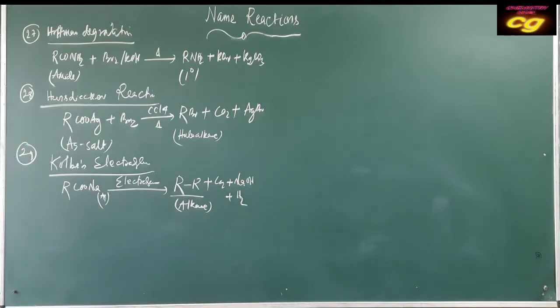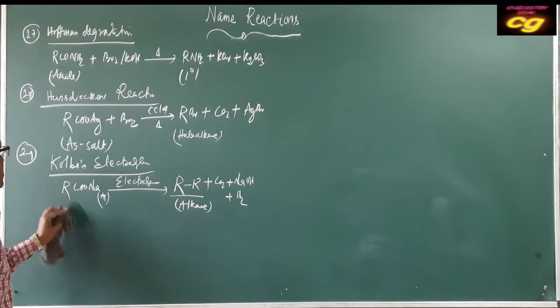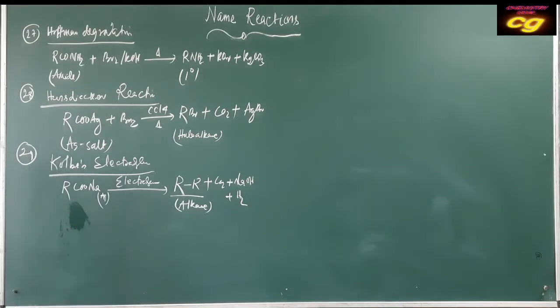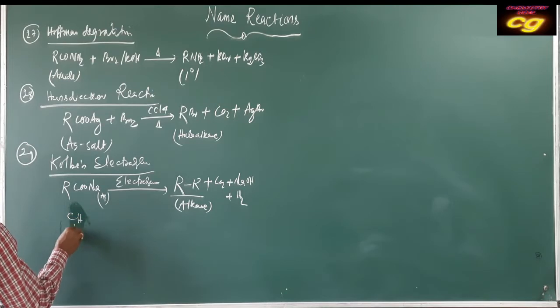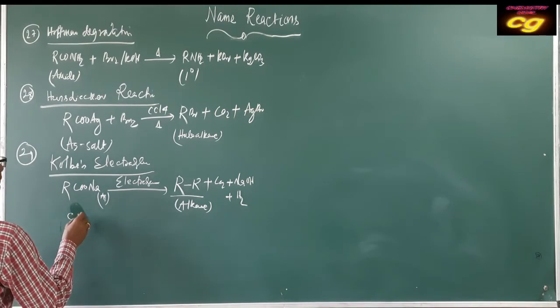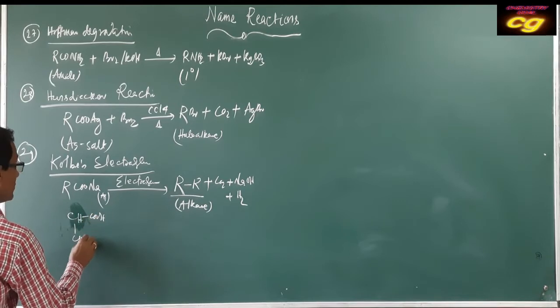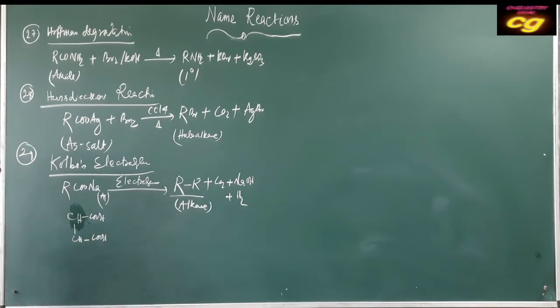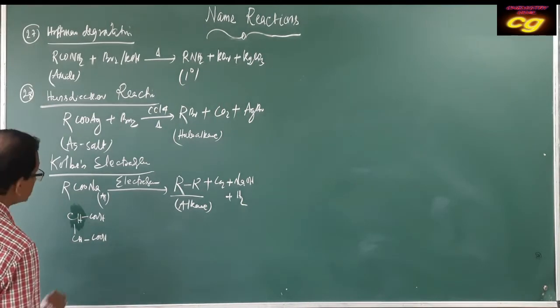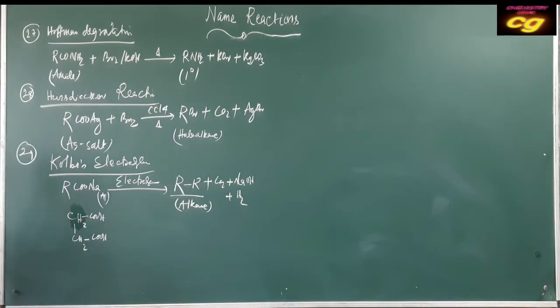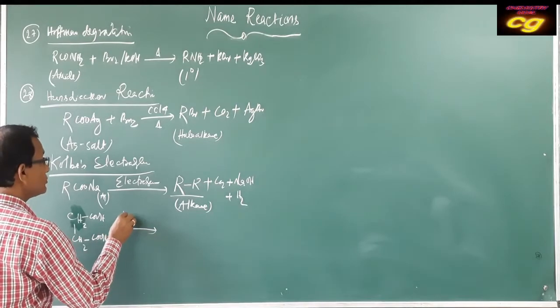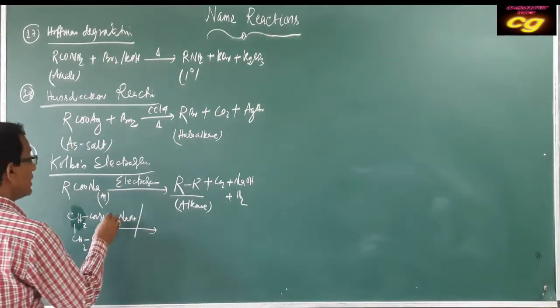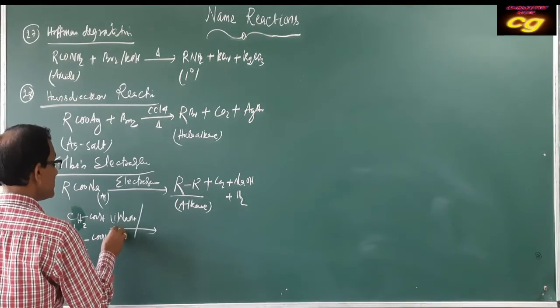If you take, suppose, CH2COOH, CH2COOH, and its salt, treated with sodium hydroxide, the first step is salt formation, second step is electrolysis.